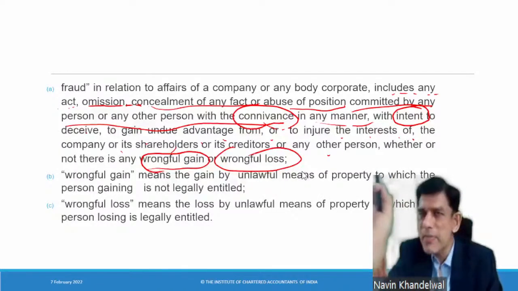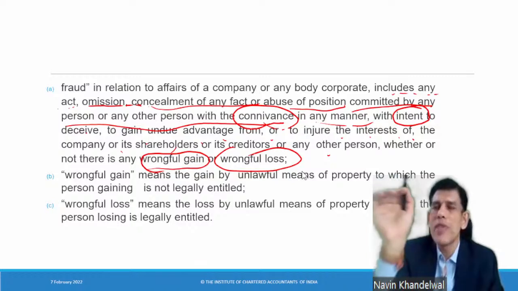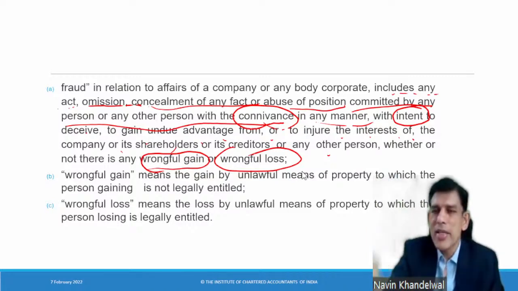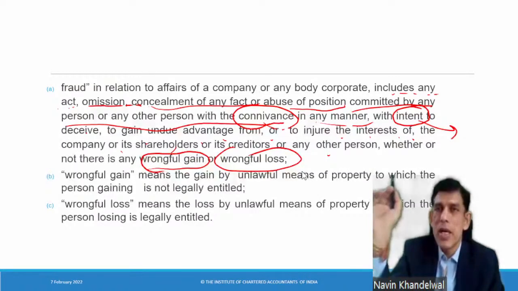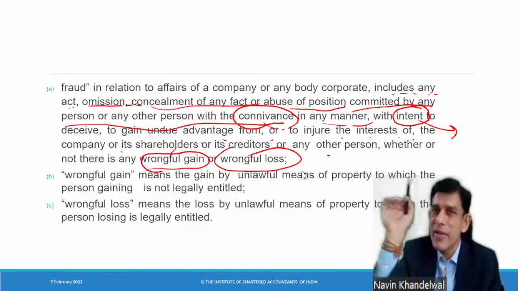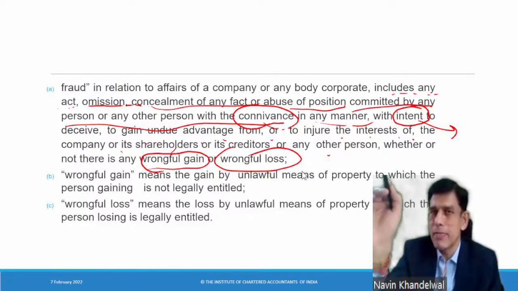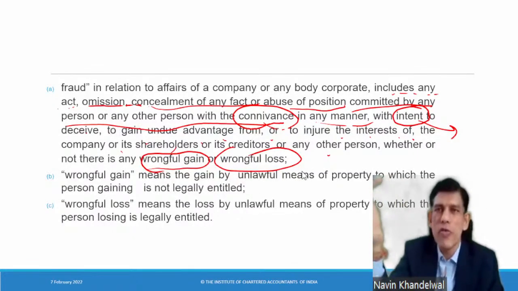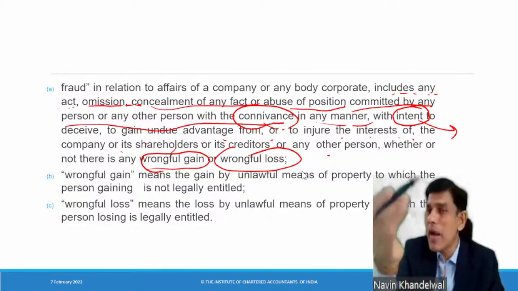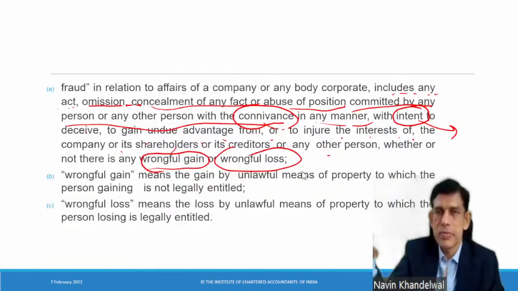So the major point to prove that there is a fraud, I think everything should boil down to this word: intent. Everybody needs to prove that there was an intent of that person. Now, intent can only be proven by virtue of all the sequence of events, the documentation, and the impact of those events.